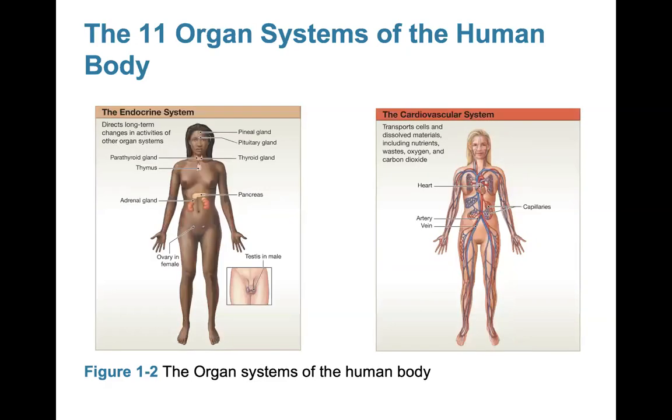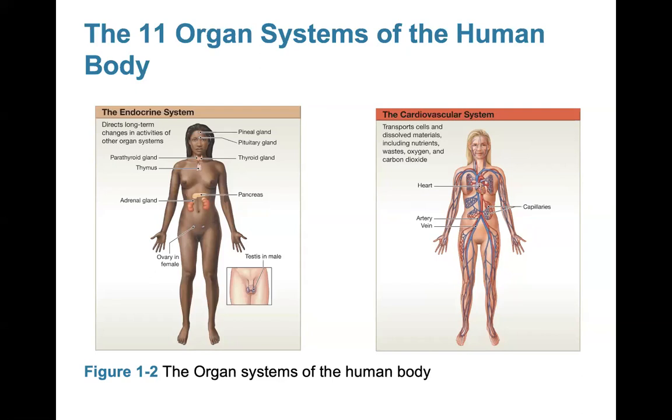The endocrine system, this is your second regulatory system. This actually directs long-term changes in activities of other organ systems. And this is going to consist primarily of your endocrine glands, which will secrete hormones, which are chemical messengers that travel throughout the body.